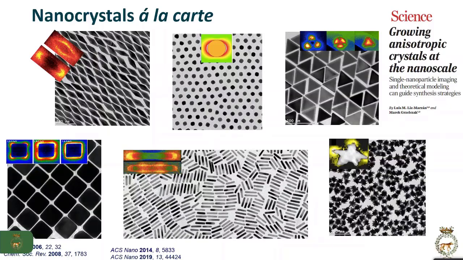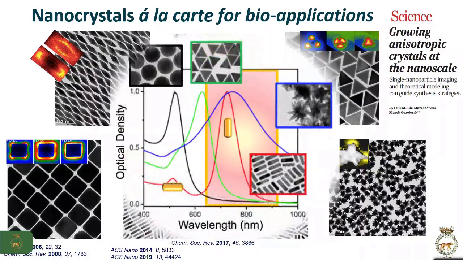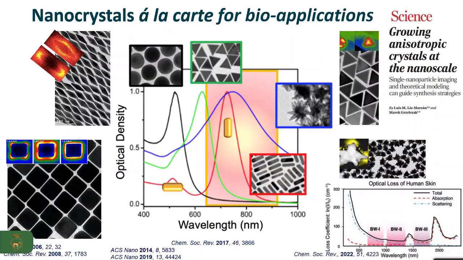The color images that you see here are either experimental or theoretical demonstrations of how the electric field is created and confined at specific spots depending on the morphology of the particles. And why is this important? This is important because then you can also select to operate at what we call the biological transparency window. You can see here, this is the spectrum of human tissue.